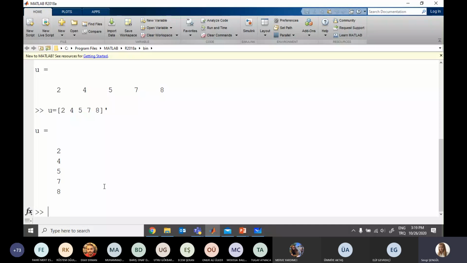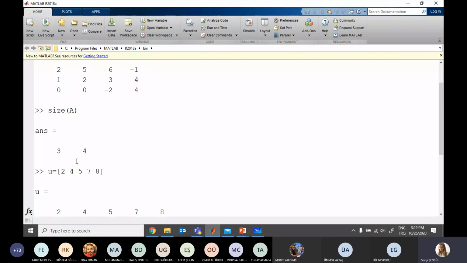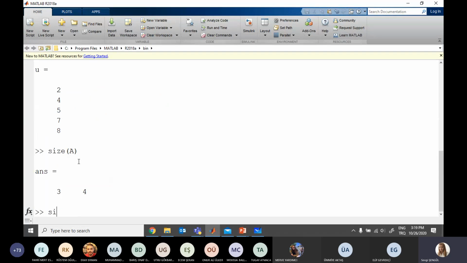And let's say you will multiply A with U. You will multiply this matrix with this vector. Can you do that? Size A, let me remind you what the size of A was, 3 by 4.